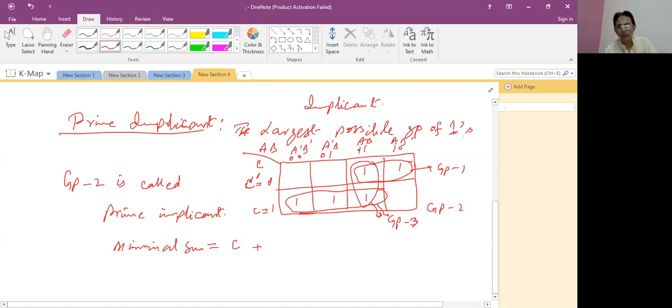The common value in this loop is A and C complement, plus sign, and in this one A B, because it is common in both ways, it is different. So we write down. So C is called prime implicant in this.